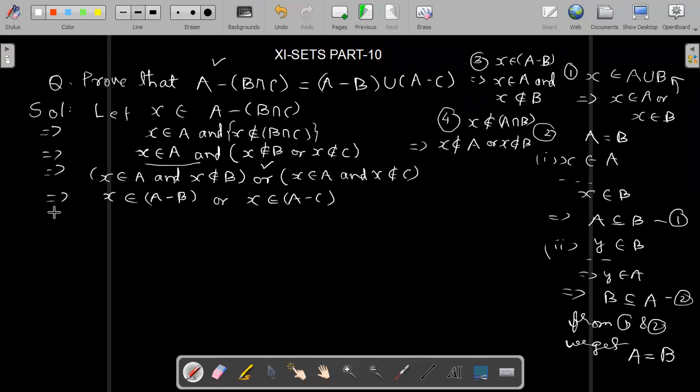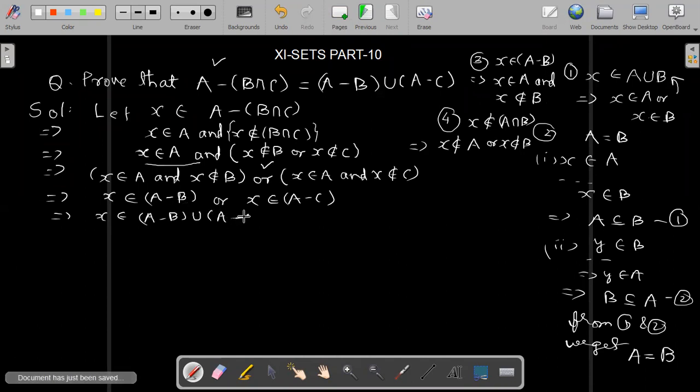So if you want to write all this together, X belongs to A minus B or X belongs to A minus C, when we remove OR it becomes union: X belongs to (A minus B) union (A minus C).